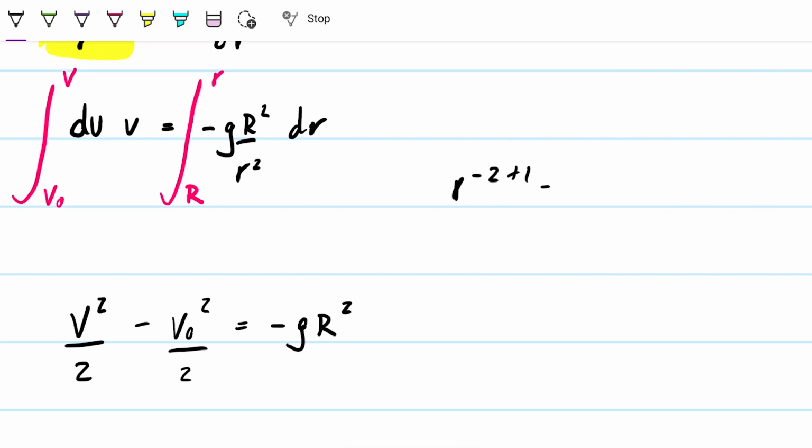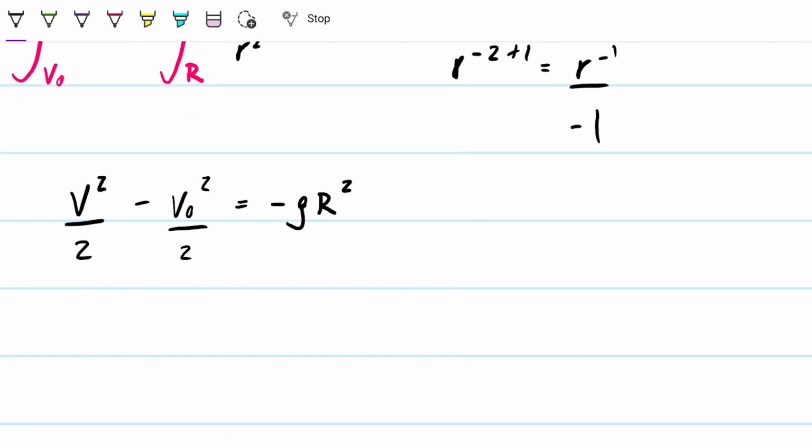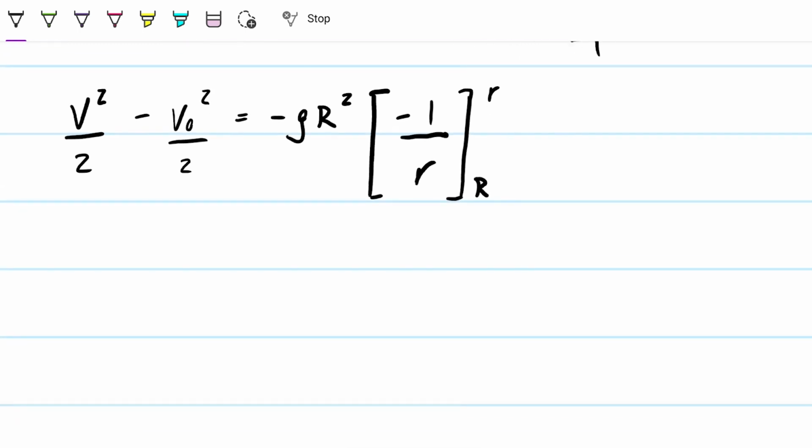And you guys know this is just plus 1, so this is going to be r to the minus 1 divided by minus 1. Okay, so that means that this is going to be minus 1 over r, as we go from uppercase R to any r that we want.